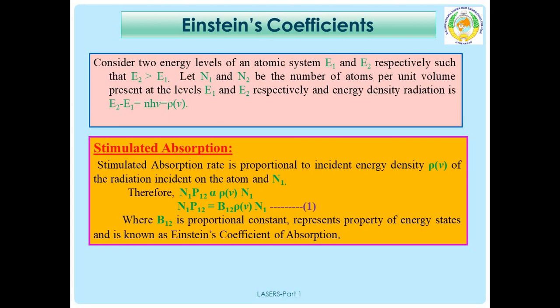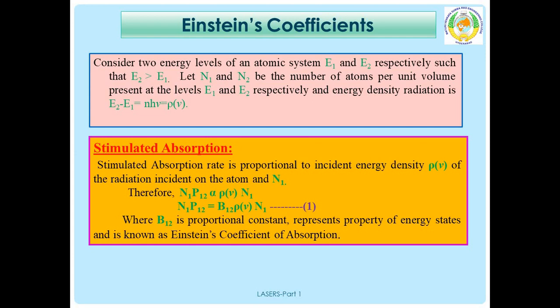So we do not know how many photons we are incident, so we will represent it as N h nu, where N is an integer. So this energy density we are representing as rho nu. So rho nu represents the energy density of the radiation.